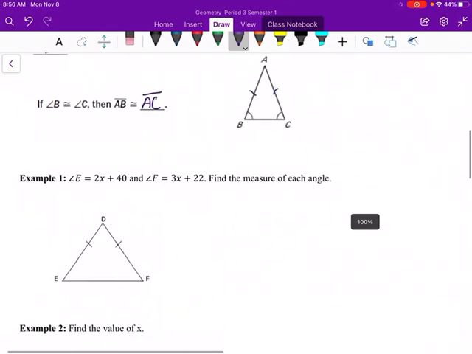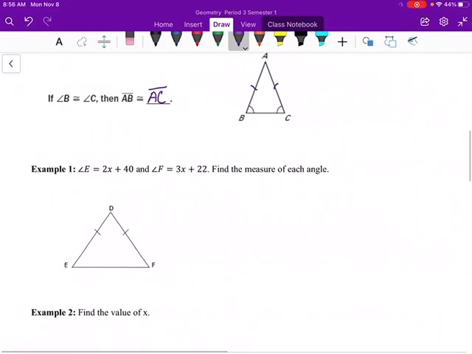Let's look at our first example. Angle E is equal to 2x plus 40, so I'm going to go ahead and write that in there. And angle F is 3x plus 22. They want us to find the measure of each angle.